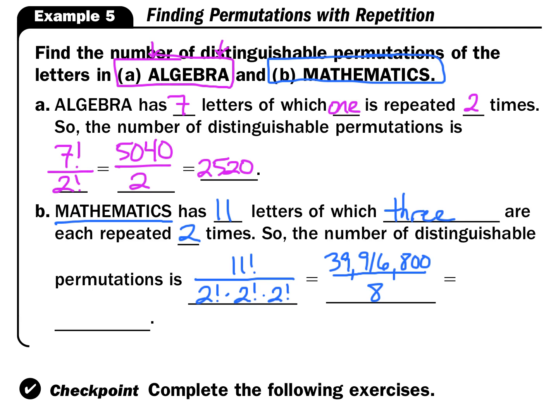So once we divide that, 39,916,800 divided by 8, we wind up with 4,989,600 different ways we could rearrange the letters in the word mathematics.